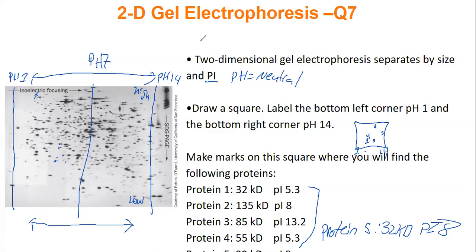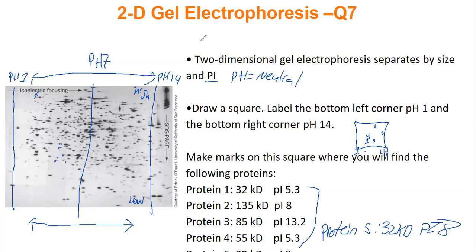What is a maximum kD? On the gel, each gel that you can order from suppliers, they will tell you what your maximum and minimum weights are for separating linearly. You have a linear separation.